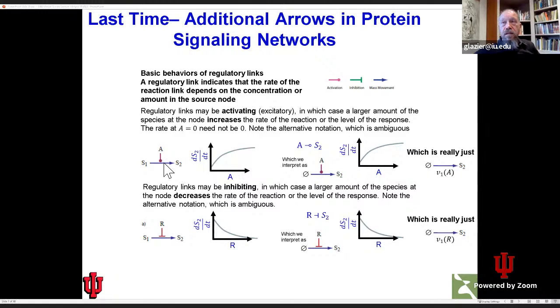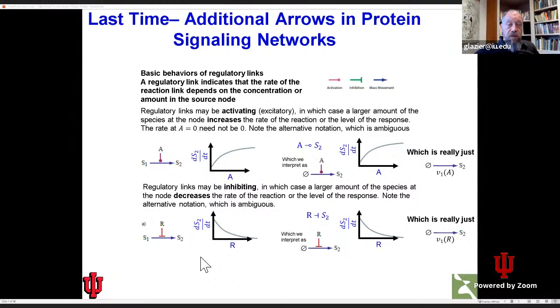The idea here is that the more A you have, the faster S1 becomes S2. The more R you have, the slower S1 becomes S2. In general, A and R are not used up in those. They're behaving as catalysts, essentially.